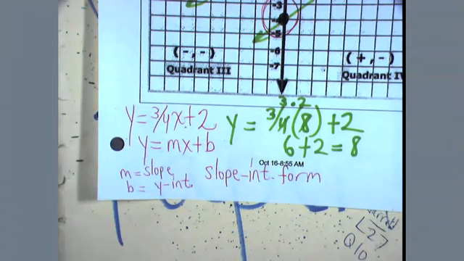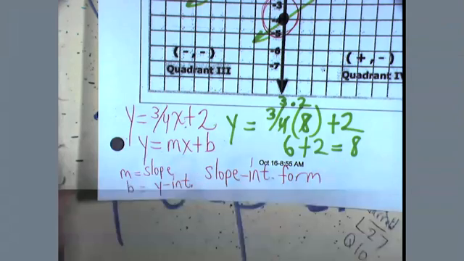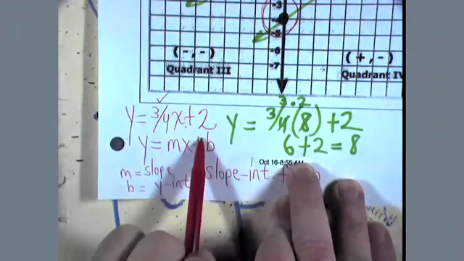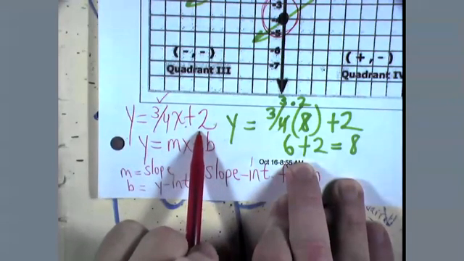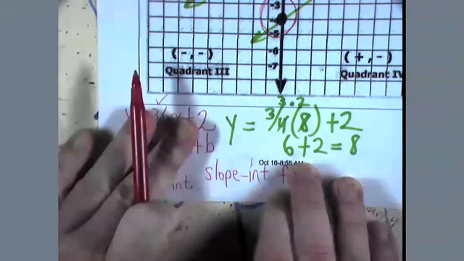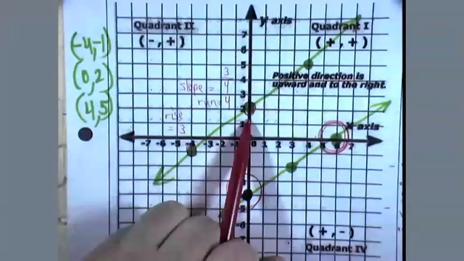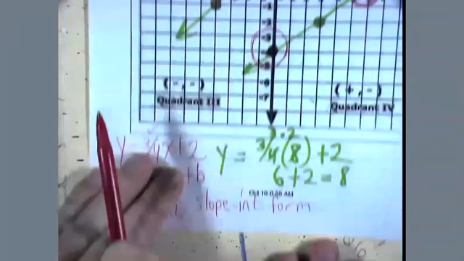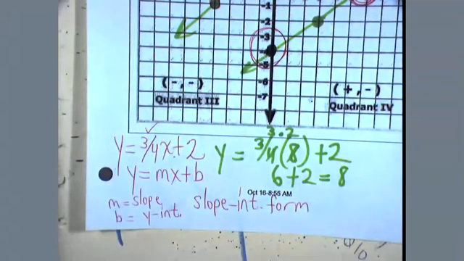We already know that the slope of our line came out to 3/4, so that checks out. And according to our equation, the y-intercept occurs at 2. That's also true because our y-intercept is here at 2. So that's the other major type of equation that we'll be dealing with, one that's in what's called slope-intercept form.